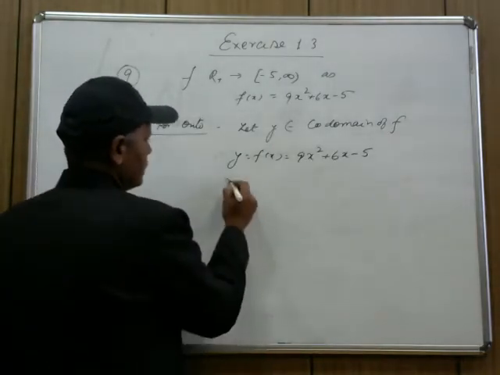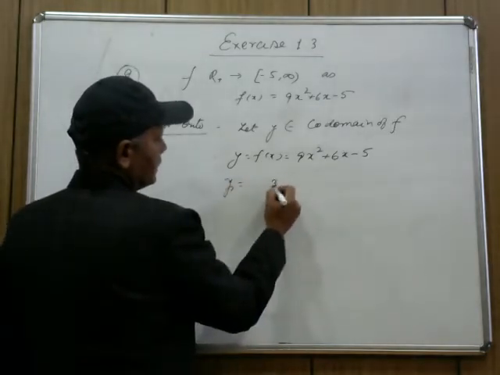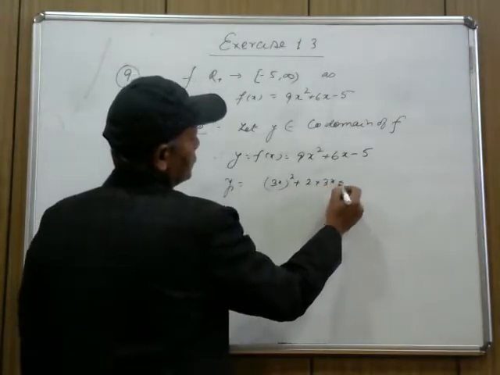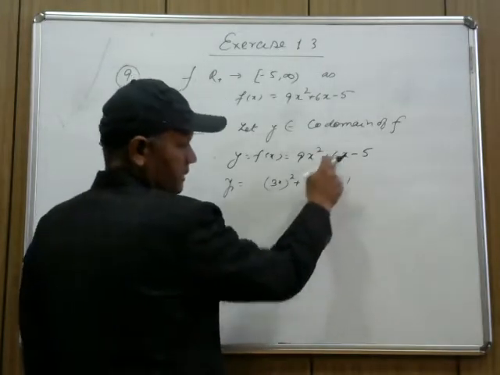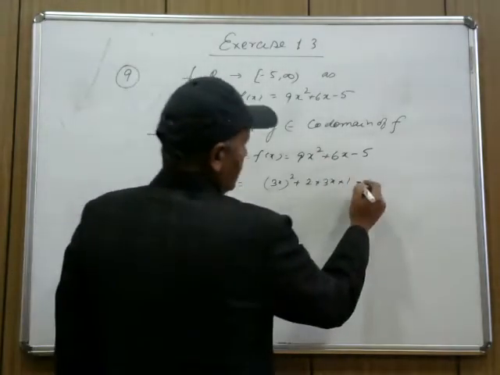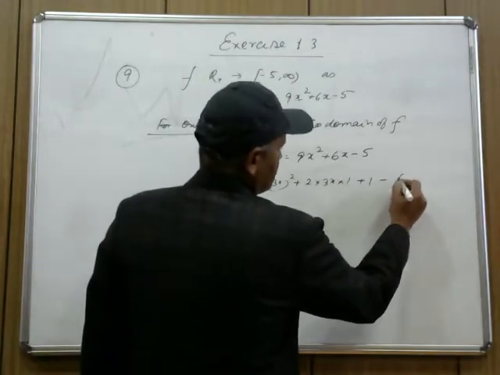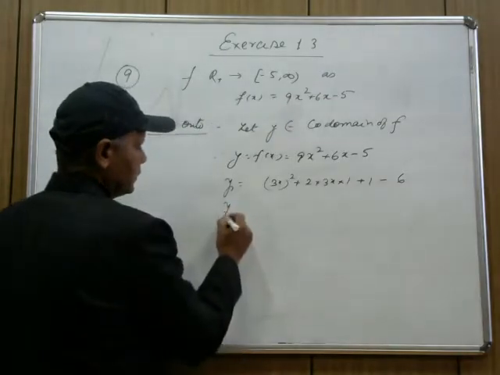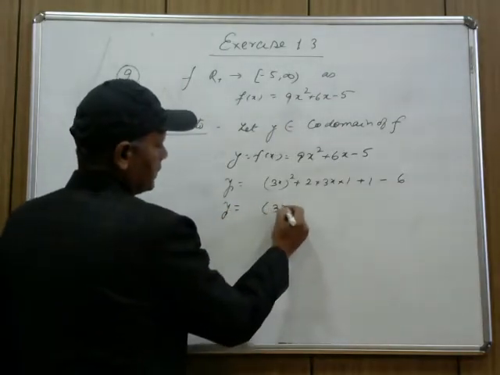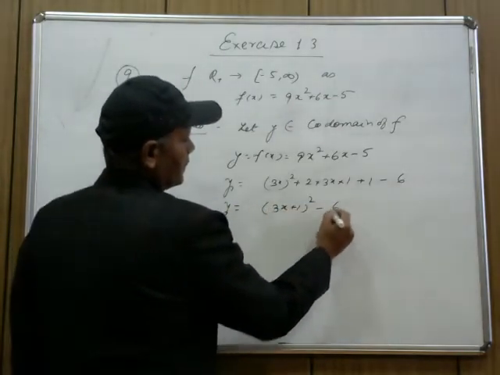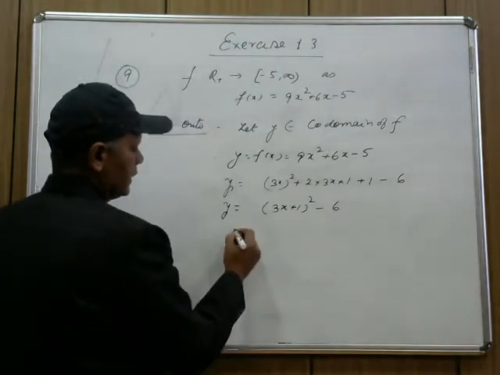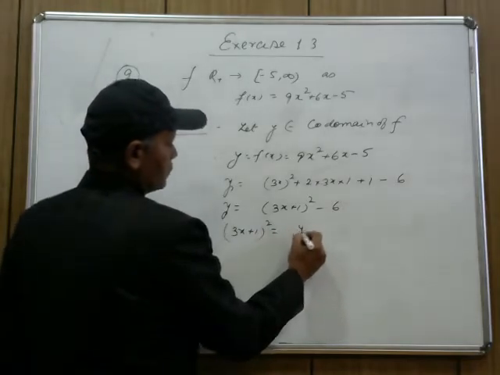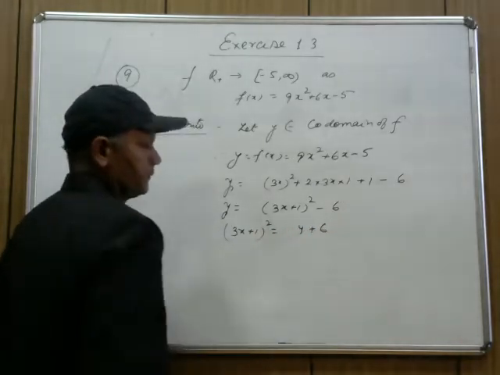Now y is equal to (3x) whole square plus 2 into 3x into 1, so that I get 6x, plus 1 minus 6. See, plus 1 minus 6 will be minus 5. Now why have I done this? Because it becomes a perfect square. (3x plus 1) whole square minus 6, so (3x plus 1) whole square is equal to y plus 6.